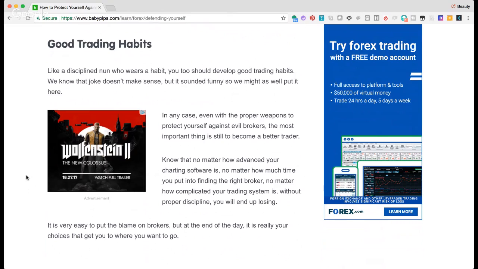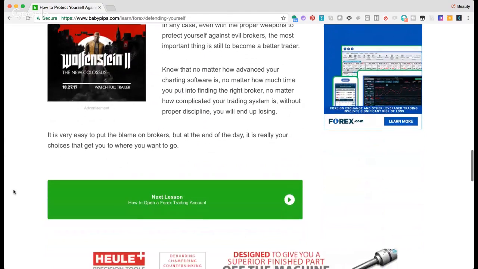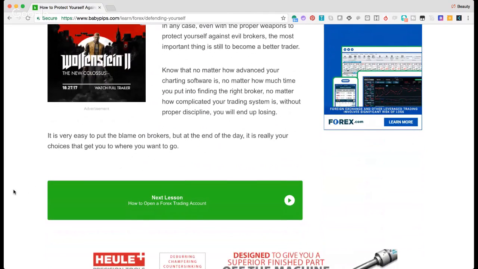In any case, even with the proper weapons to protect yourself against evil brokers, the most important thing is still to become a better trader. Know that no matter how advanced your charting software is, no matter how much time you put into finding the right broker, no matter how complicated your trading system is, without proper discipline, you will end up losing.